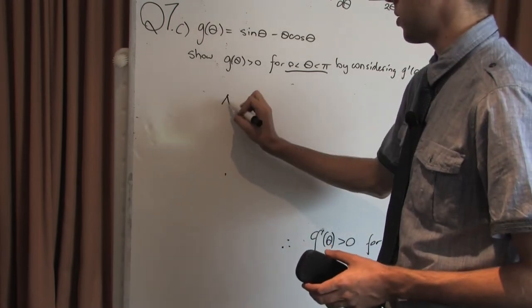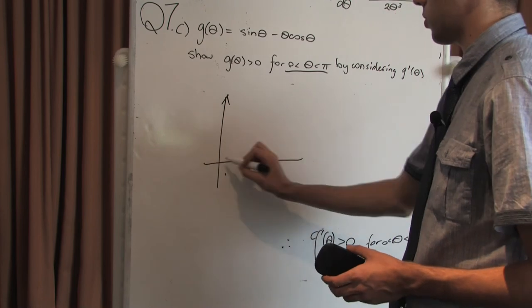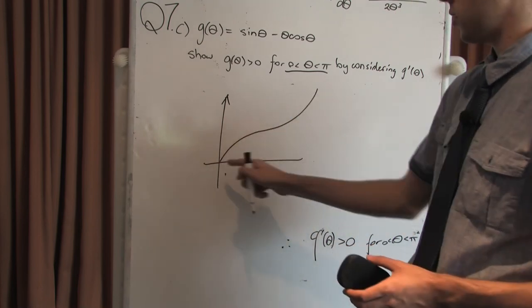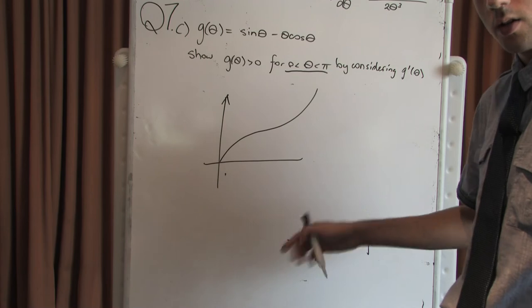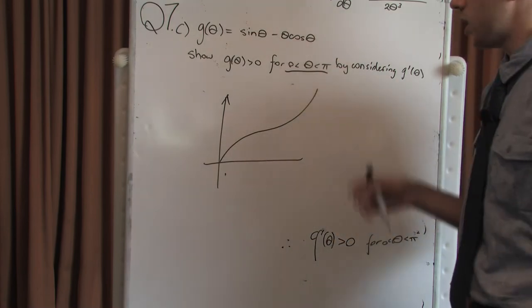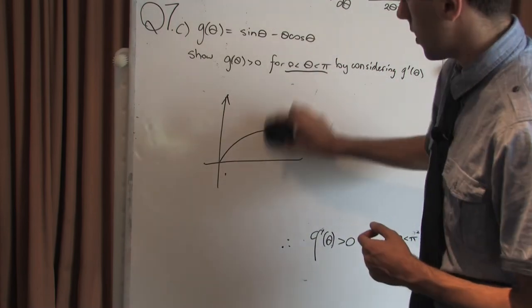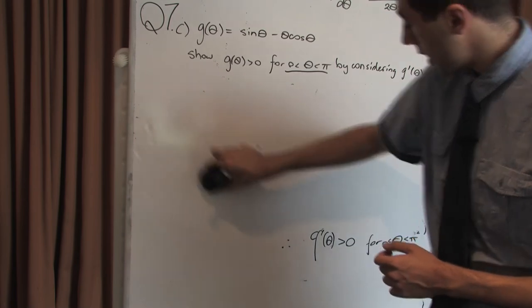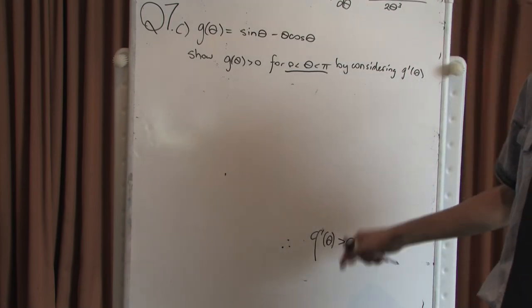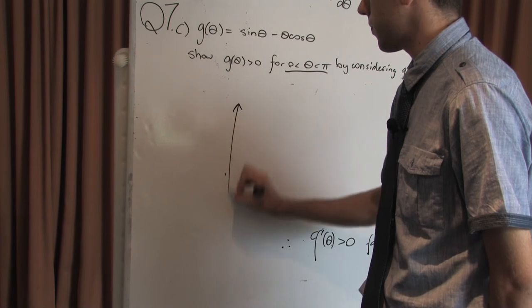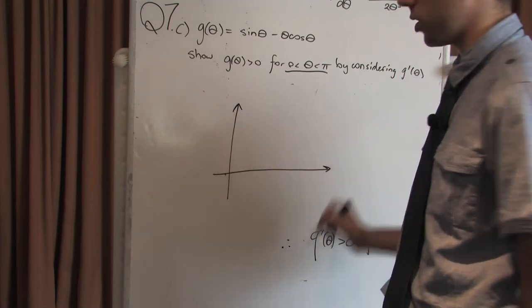So for instance, we may have a graph that might look like this. As you can see, its gradient is always positive, so that means it's always increasing. So same case goes for our g of theta. If the gradient function here is always greater than 0, then our function must too be always increasing.